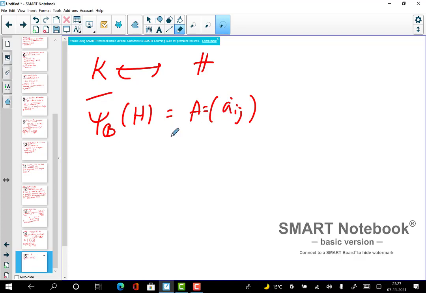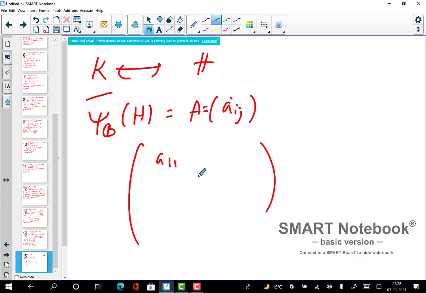Symmetric means the diagonal entries are A11, A22, and so on up to Ann, but the other elements are half of those entries. So here it is half of A12 and half of A21, because these two are symmetric.